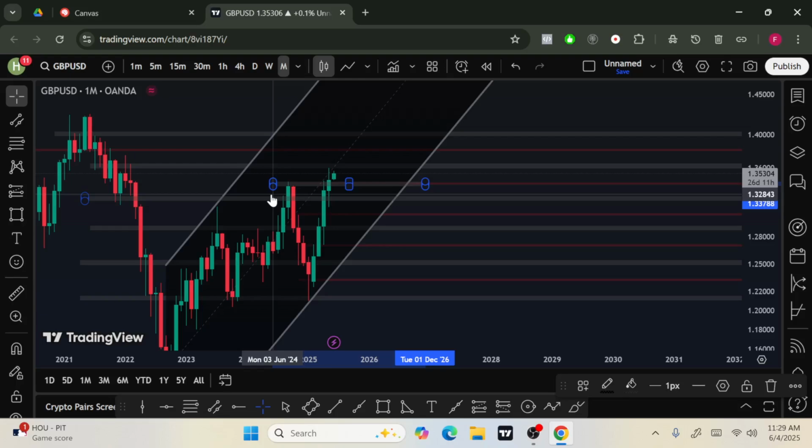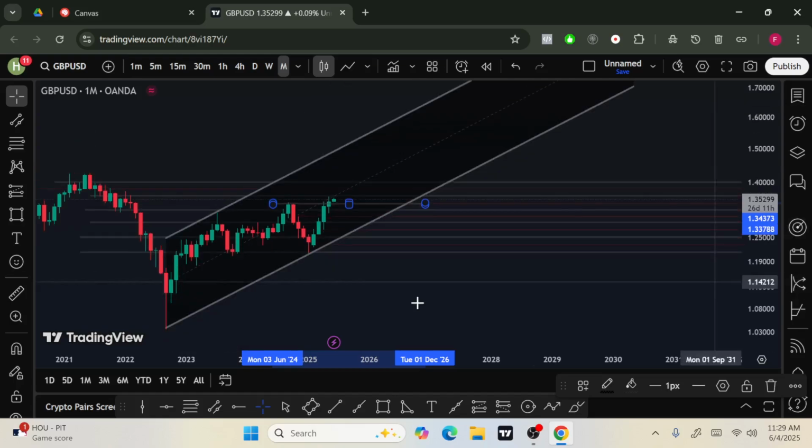I'm trying to tell you that you want to know the overall sentiment of the market. You are not making a decision here, you just want to know the overall sentiment. Let's say this is what you meet on the chart, and you want to make an effective decision. So what are the things you need to look out for?